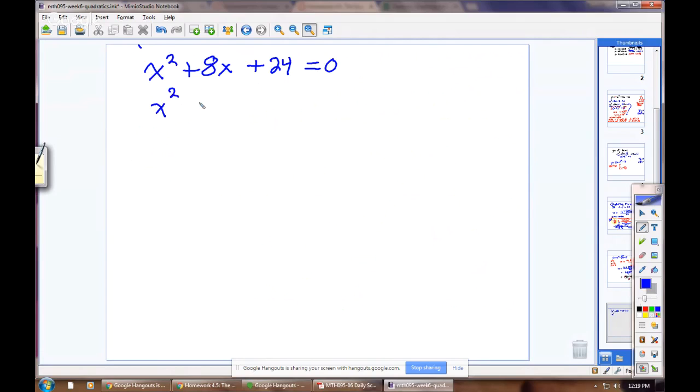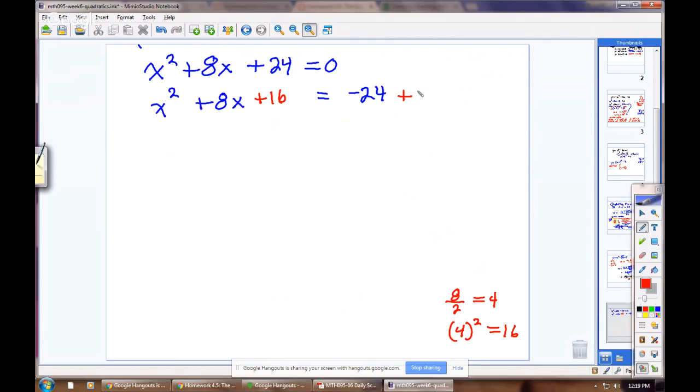So bringing the 24 over to the other side by subtracting it, I next need to take half of my middle term. So let's put it down here. 8 over 2 is 4. And then I have to square that 4. That gives me 16. So that 16 is the magic number that goes here.